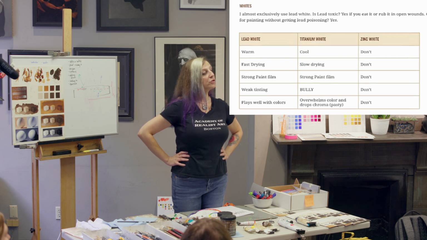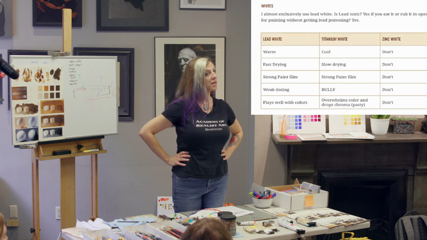I feel like the big trade-off with lead white is the transparency. When you're doing a color study or a value study, you have to glob it on to get full coverage. When I paint in layers anyway, I just know I'm going to build up to those brights, or I start with a lighter toned canvas.